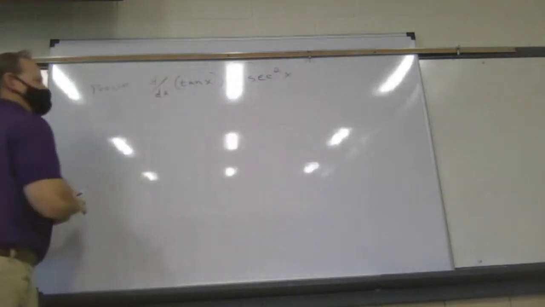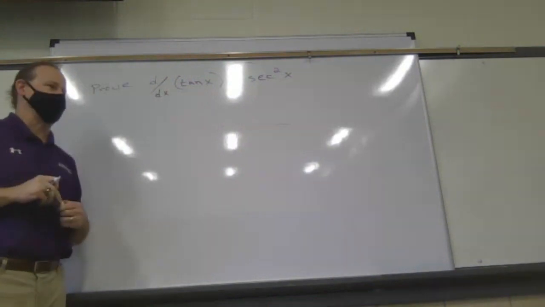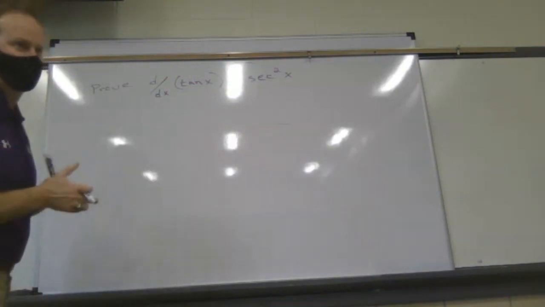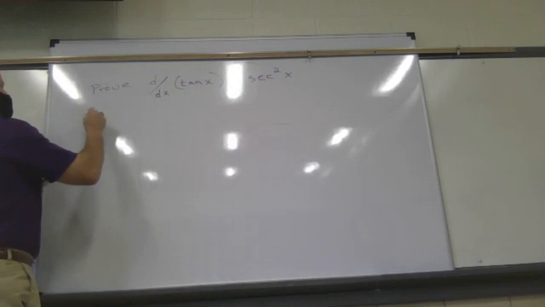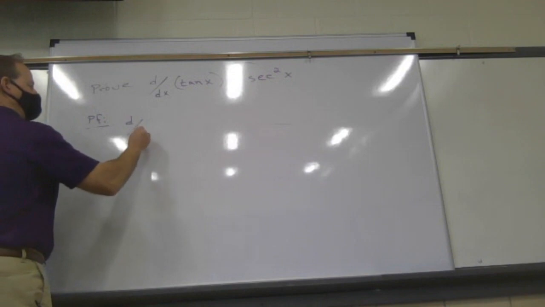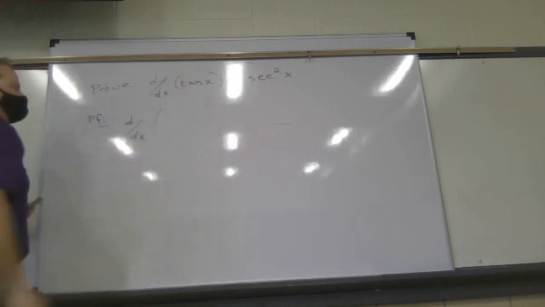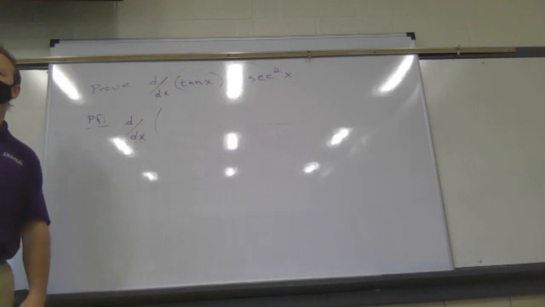We're going to prove this. So to prove it, assuming that we know that the derivative of sine is cosine, the derivative of cosine is minus the sine, then what are we going to do? So here's our proof. So we're going to take the derivative with respect to x instead of tangent. What's the definition of tangent? Tangent of x is what?